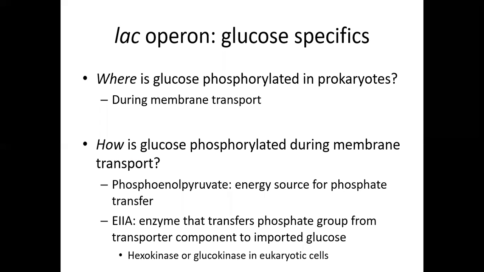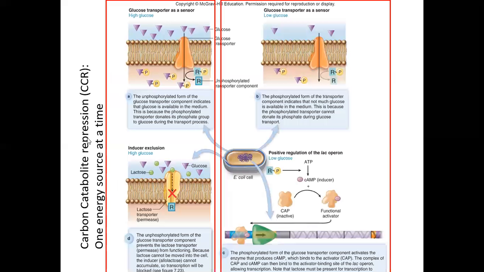And these enzymes are hexokinase or glucokinase in eukaryotic cells. So yeah, knowing that glucose needs to be phosphorylated to enter glycolysis. And in bacteria, E2A is the enzyme that transfers the phosphate from the reporter protein to glucose.